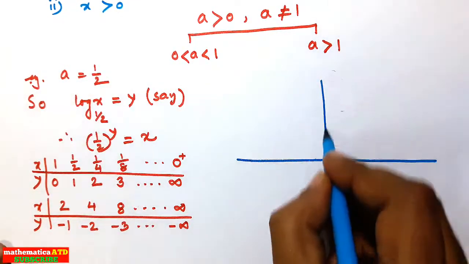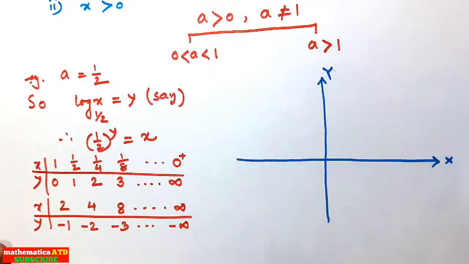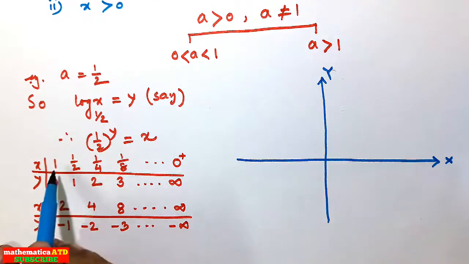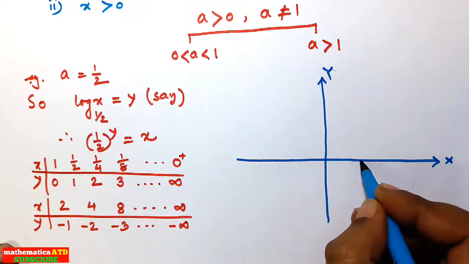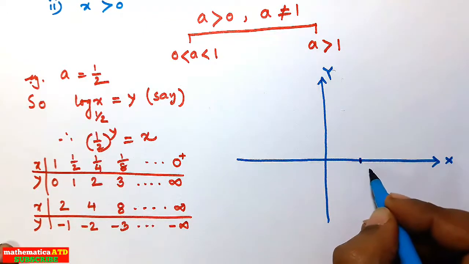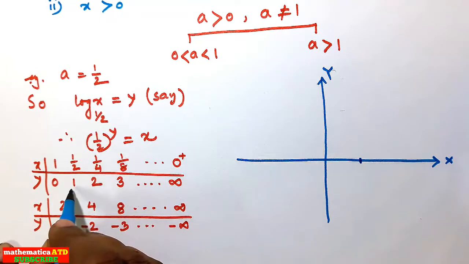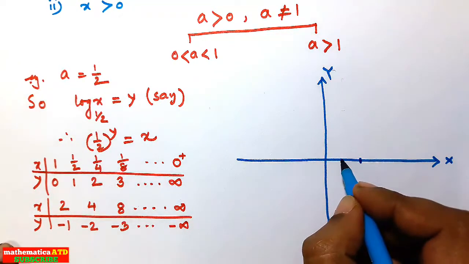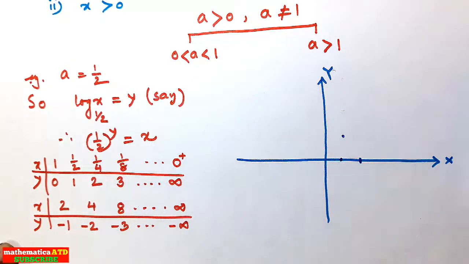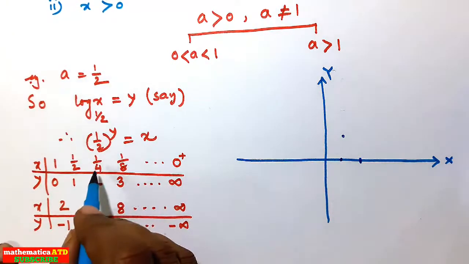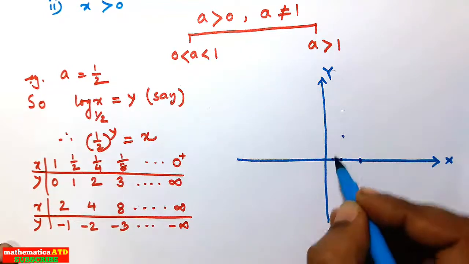This is the x-axis, this one is the y-axis. The first point is 1, 0. Next point is 1/2, 1. Next is 1/4, 2.